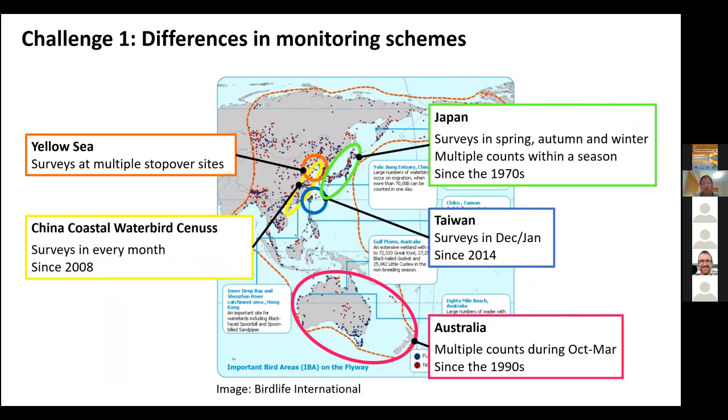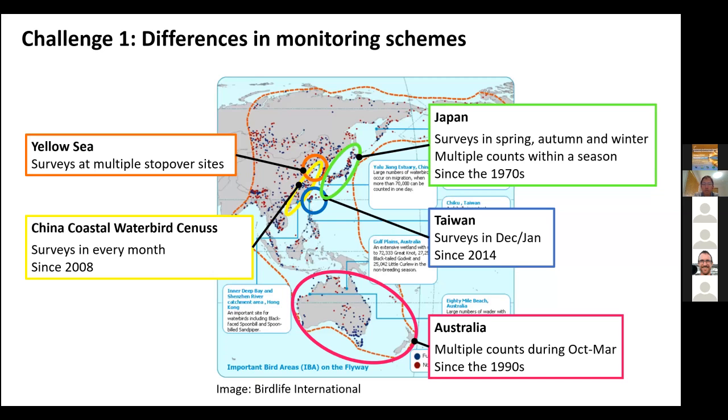It seems that there are only positive reasons for developing shorebird indicators in this flyway. But if we start thinking about how to actually implement this, we see that there are actually multiple challenges that we need to overcome. First, fortunately, we have a number of shorebird monitoring schemes in the flyway, but there are some fundamental differences among schemes.